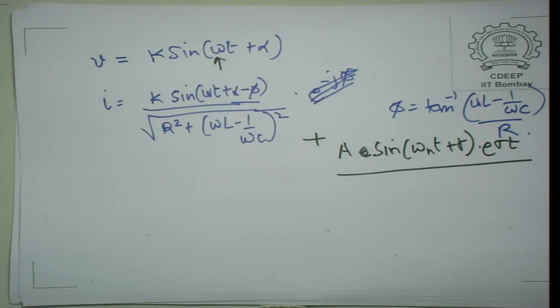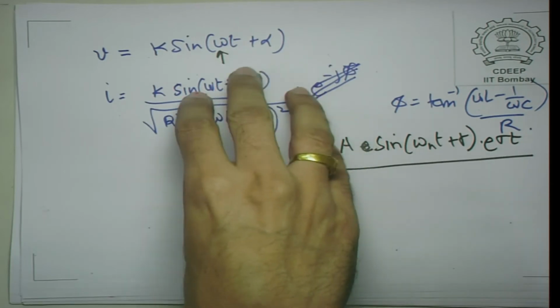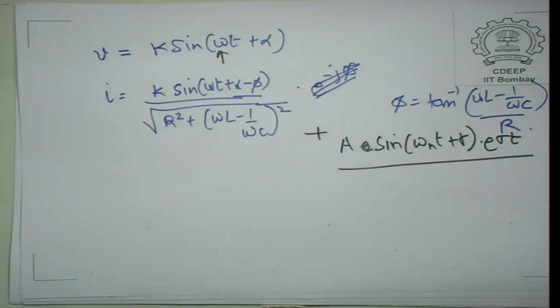An interesting thing is, whenever you have a resistance which is positive, of course it is a positive value for all conductors, your natural response as t tends to infinity becomes 0. That is, the natural response eventually dies out, and what you are left with is the sinusoidal steady state response.